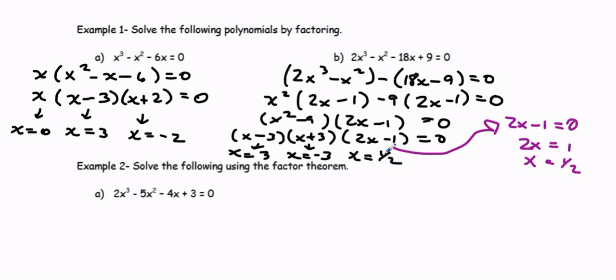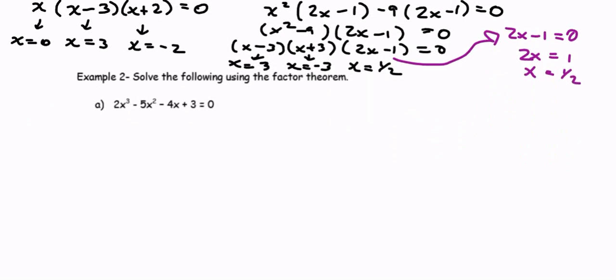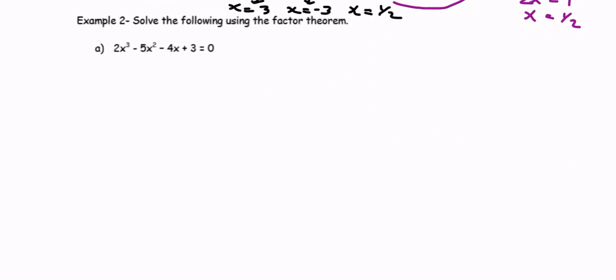Okay, so example 2 specifically tells us to solve using the factor theorem, so I'm not going to bother trying to group it. It's not going to work. So this is where we have to use our rational zero theorem, because we've got a 2 here and we've got a 3 here. So our A is going to be a factor of 2, so that's going to be plus or minus 1 and plus or minus 2.